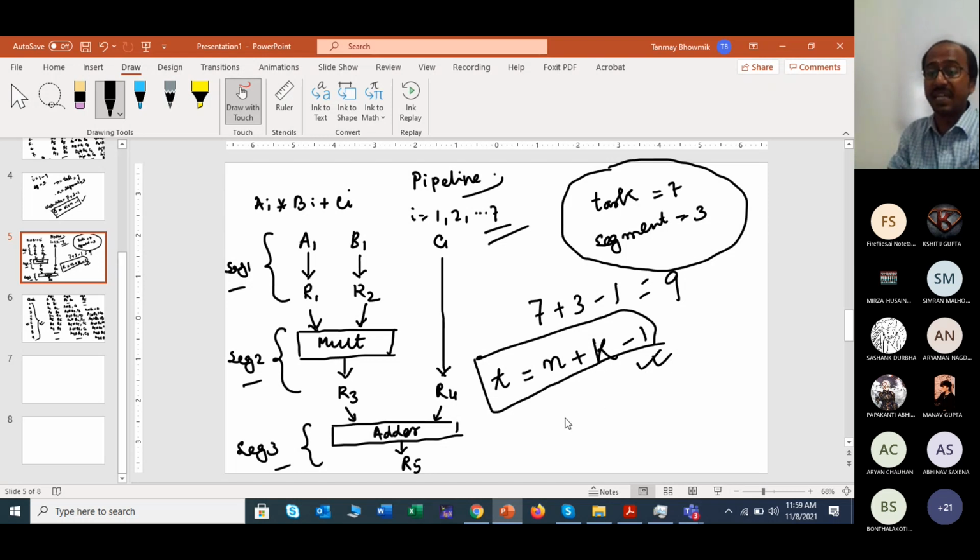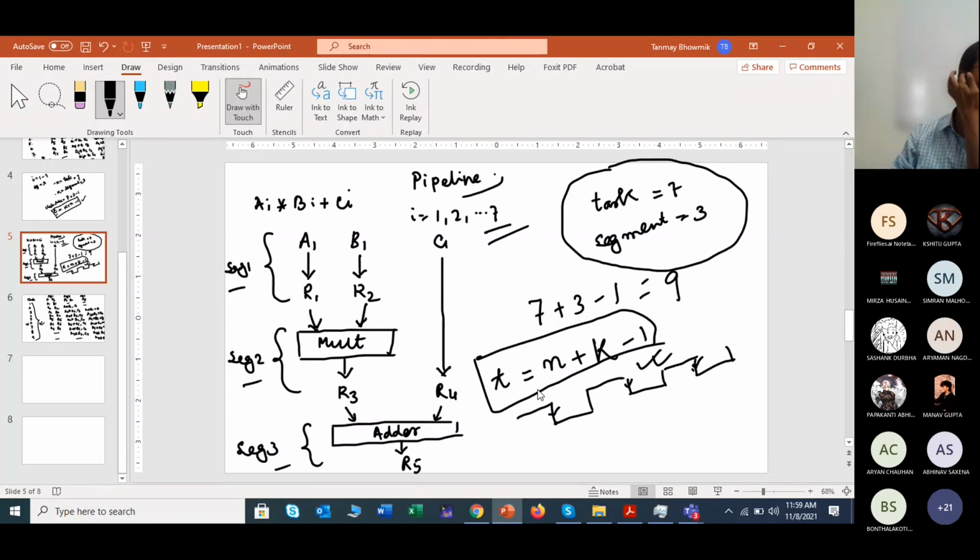But keep in mind here, all the time gaps or clock pulses are equal, right? So if you are taking the clock pulses like this, then only you can say that these are equal clock pulse durations. If the clock pulse durations are not equal, then you cannot apply this formula.